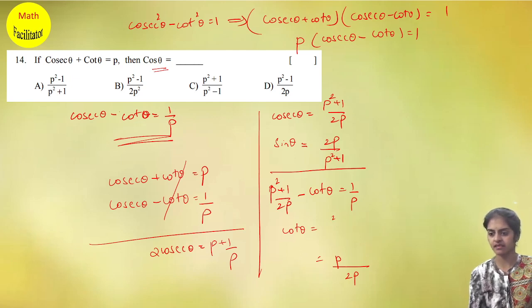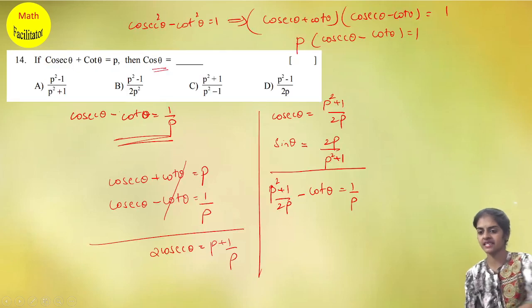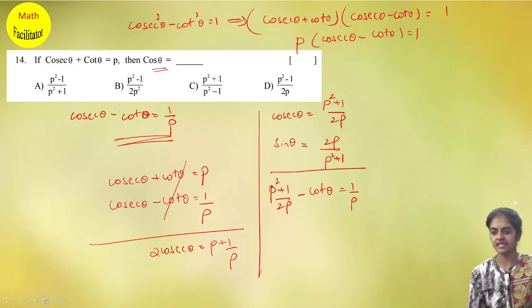Let us take the first equation. If you take the first one, 1 by P doesn't come and your fraction will become easier. The solution will become easier actually, so you can solve it easily.